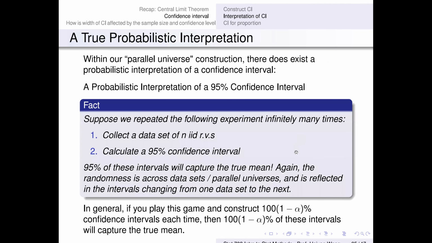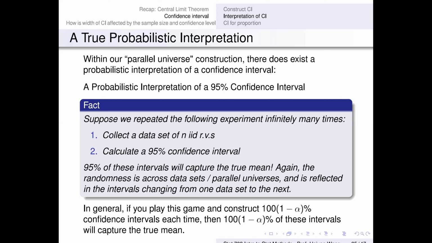So how do we actually interpret this confidence interval correctly? We would say it like this. It's really like considering parallel universes where you are computing just one of them. Suppose we repeated the confidence interval computation infinitely many times, and each time you collect a data set of the same sample size n and compute a 95% confidence interval for each data set.